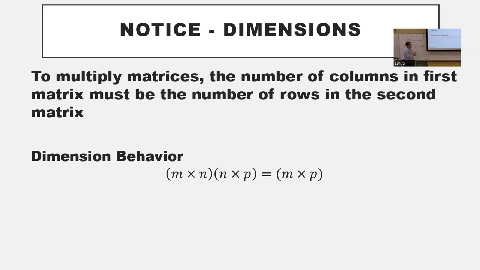Square matrices, I should say, are nice to multiply because all the dimensions are going to be the same. So if you want to do any multiplication that we want, oftentimes we default to square matrices.